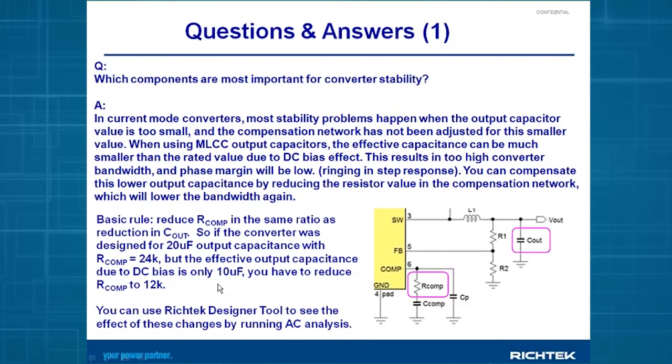In this case, the bandwidth that was increased by this lower output capacitance will be reduced by the lower value of the compensation and will become back to the original 35 kilohertz range. And of course, you can use Richtek Designer to check this and to see the effect of output capacitor and the compensation resistor on the AC analysis gain and phase results.